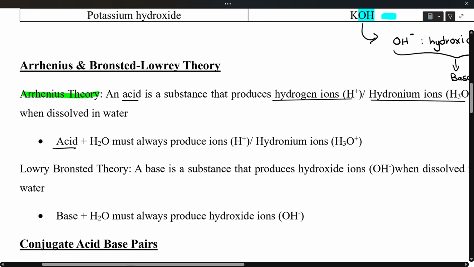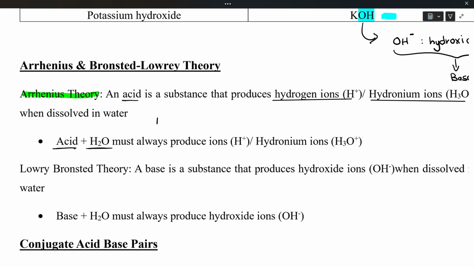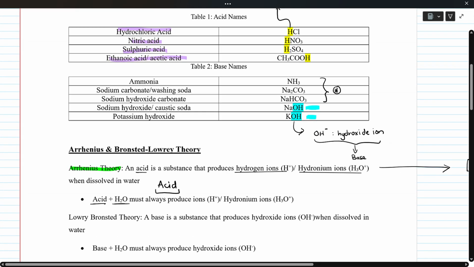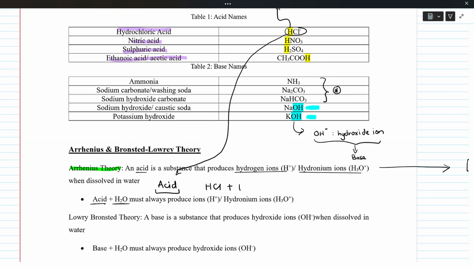If you're taking this acid plus water, that's usually what your reaction will start off with. Remember, it would be a chemical formula now. If you want to imagine it, we can go to the table and let's say we're taking HCl. Instead of having acid there, I'll have HCl plus H2O, giving me my products.